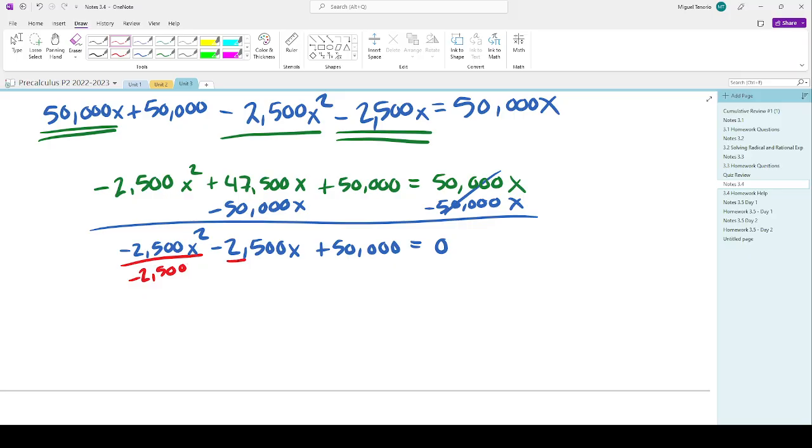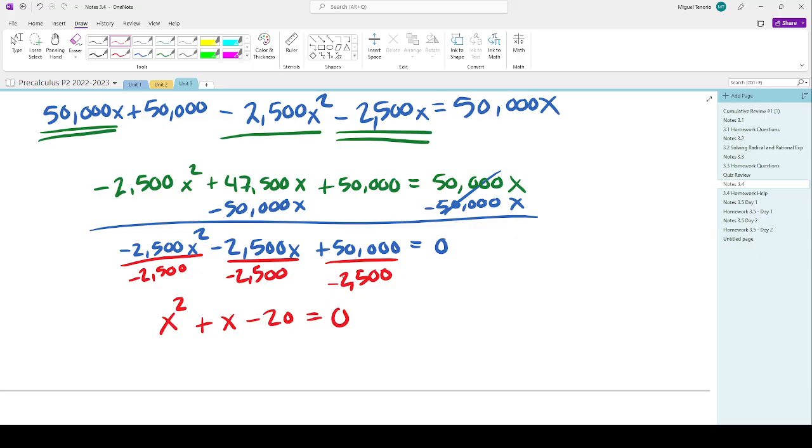So reduce out negative 2,500 from everything. So then your expression is going to now simplify into x squared plus x minus 20 equals 0. I realized I didn't write a negative there. There we go.